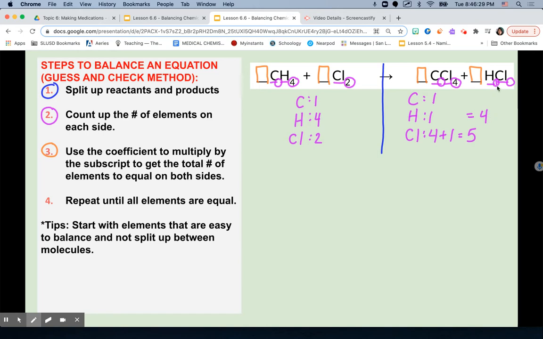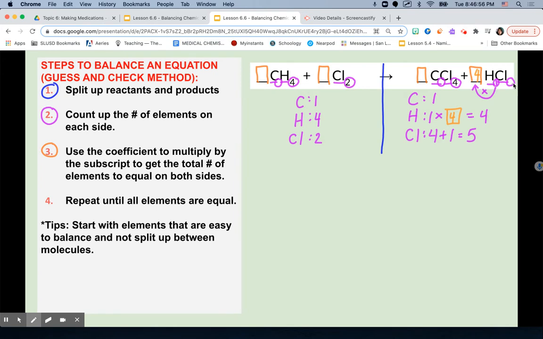So I need to think to myself, 1 times, what can I put in the orange box to equal 4? Well, 1 times 4 is 4. So if I put 4 up front, then I'm going to have 4 H's.